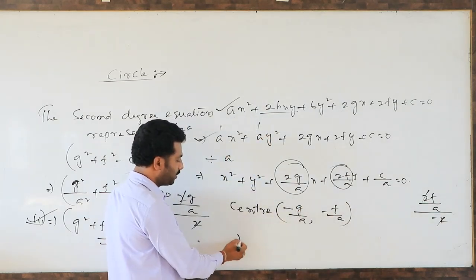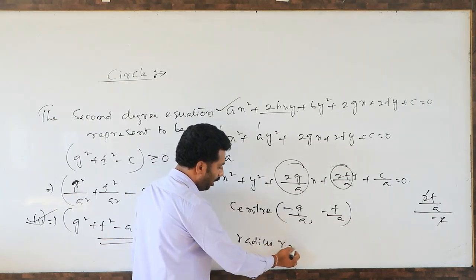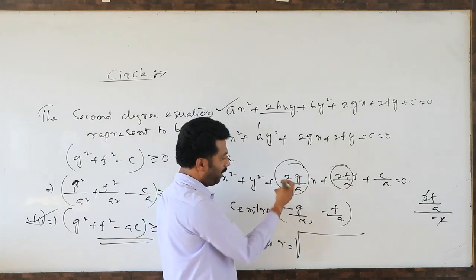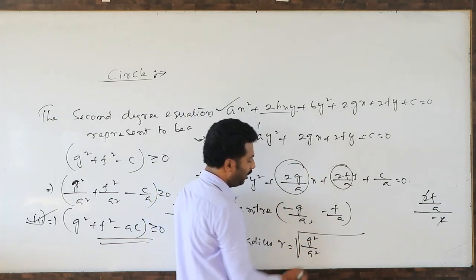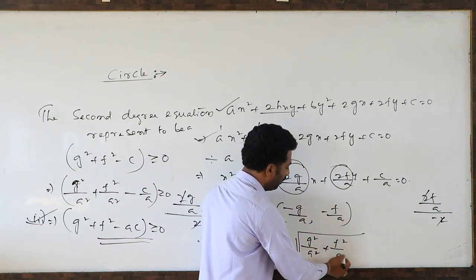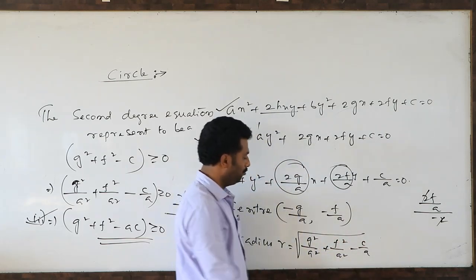What is the radius? Radius r equal to square root of, x coefficient by 2, 2g by a by 2 means g by a whole square, nothing but g square by a square, plus f square by a square, minus the constant term, that is c by a.